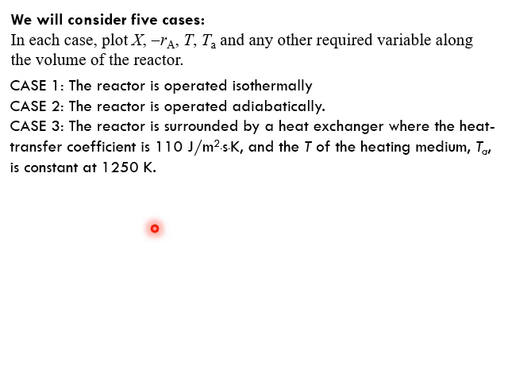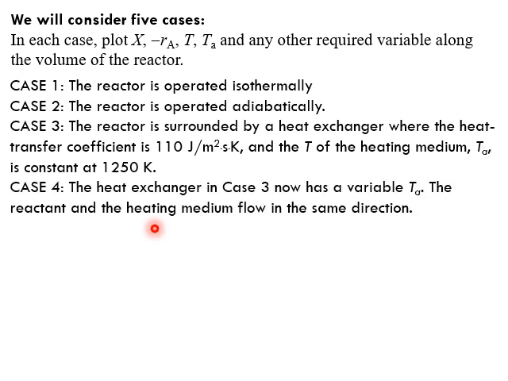Let's see case 1. The reactor is operated isothermally. Case 2, the reactor is operated adiabatically. Case 3, the reactor is surrounded by a heat exchanger where the heat transfer coefficient is 110 joule per square meter per second per Kelvin, and the temperature of the heating medium, Ta, is constant at 1250 Kelvin.